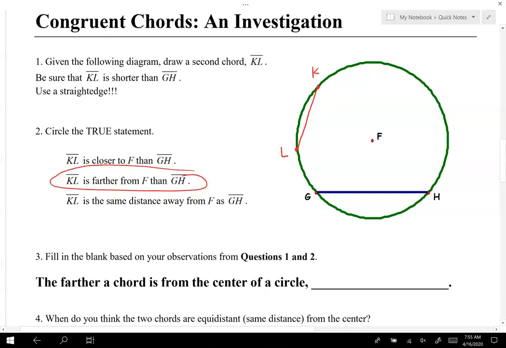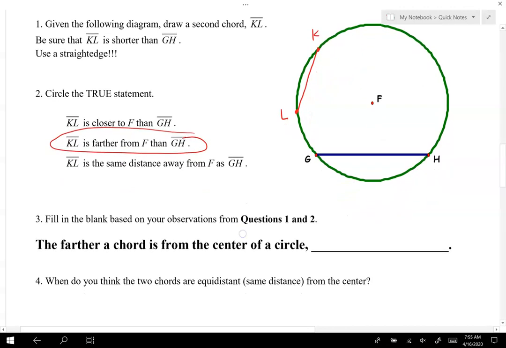So, based on your observations, what should this look like? The farther a chord is from the center of a circle, the smaller the chord gets.